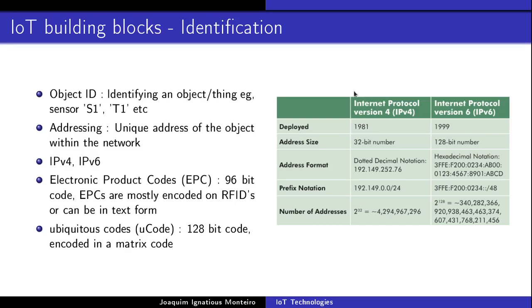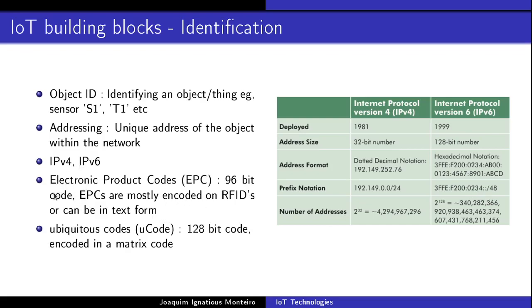All other regional registries have exhausted the addresses available in IPv4. Only IPv6 is available for allocation now. Okay, so that's the aspect of IPv4 and IPv6.